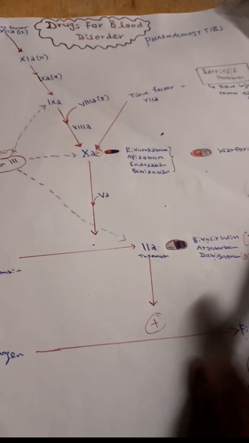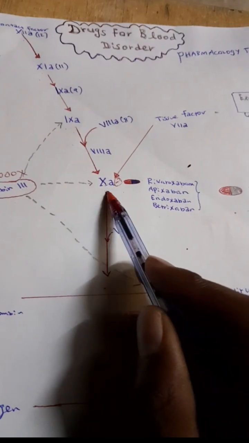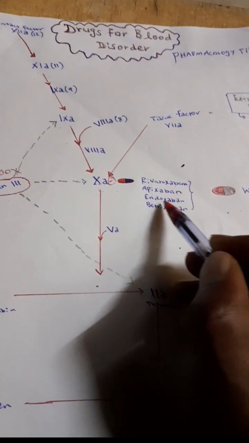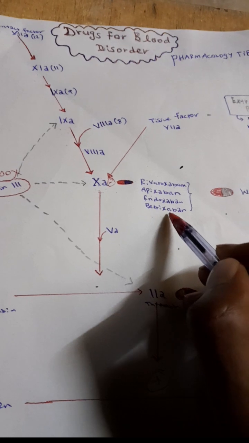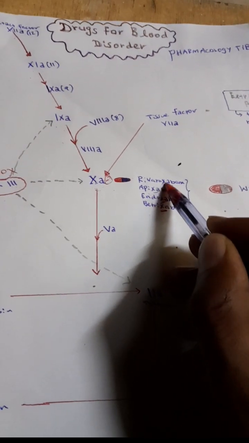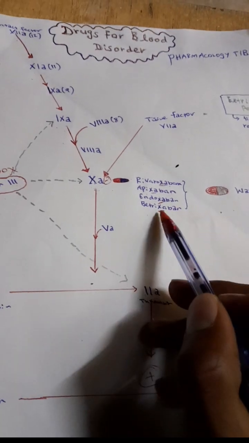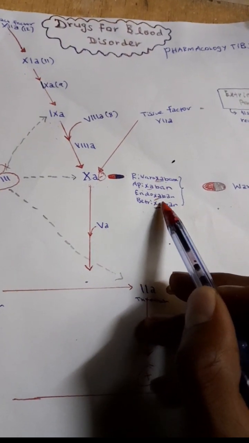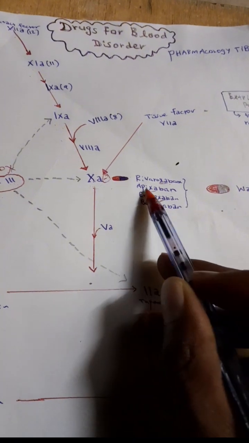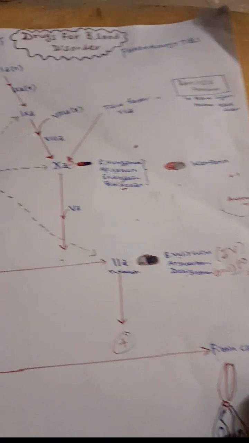We have also seen the direct factor 10 inhibitors like rivaroxaban, apixaban, edoxaban, and betrixaban. We can remember the factor 10 inhibitors by remembering the ending of the names, xaban.